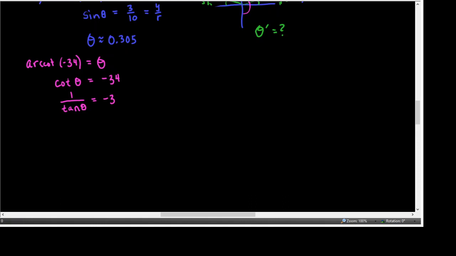So now we're getting into the realm of, oh, I know this button on my calculator. I'm going to take the reciprocal of both sides of the equation. So that means tangent of theta will be negative 1/34. Then to get theta, I'll do inverse tangent of both sides.